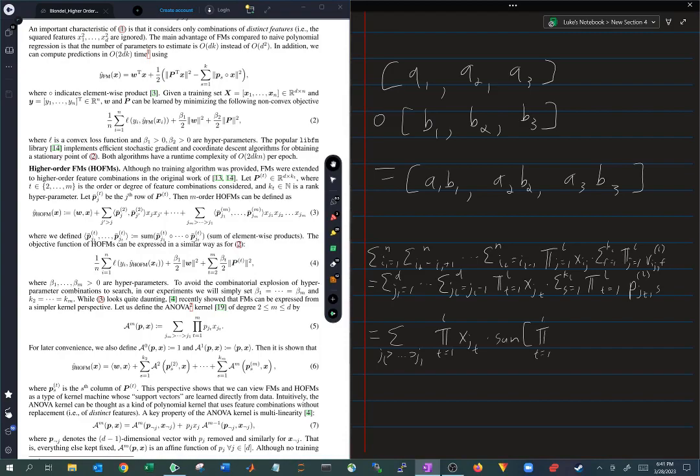So we're going to take the product of p_{j_t, 1} from t equals 1 to L, all the way up to the product from t equals 1 to L of p_{j_t, k_L}.